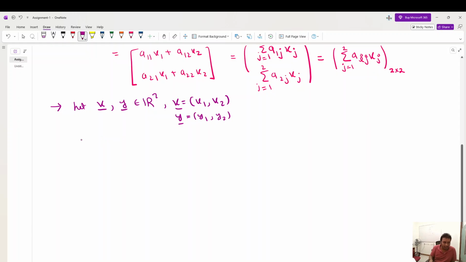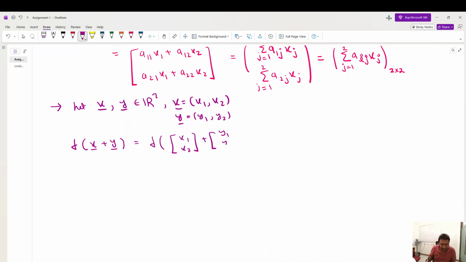Now what you have to see is that you have to compute this quantity, x lower bar plus y lower bar, and you have to show it is f of x lower bar plus f of y lower bar. So let us see what it is. You can write it like this in a matrix notation if you want. (y1, y2). And what is it, guys? This will be nothing but x1 plus y1 and x2 plus y2.